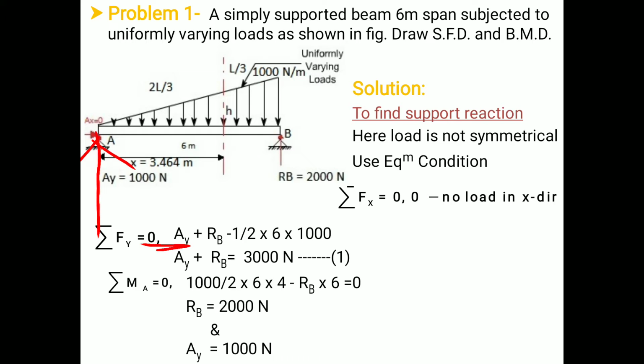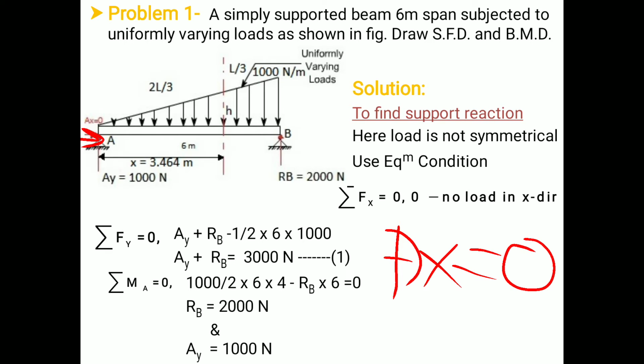We can say it as AY also, because at point A it is acting in upward direction along Y direction, and RB at point B. Therefore first equilibrium equation is summation of Fx is equal to 0, as there is only one force acting along x direction, that is horizontal force at A.